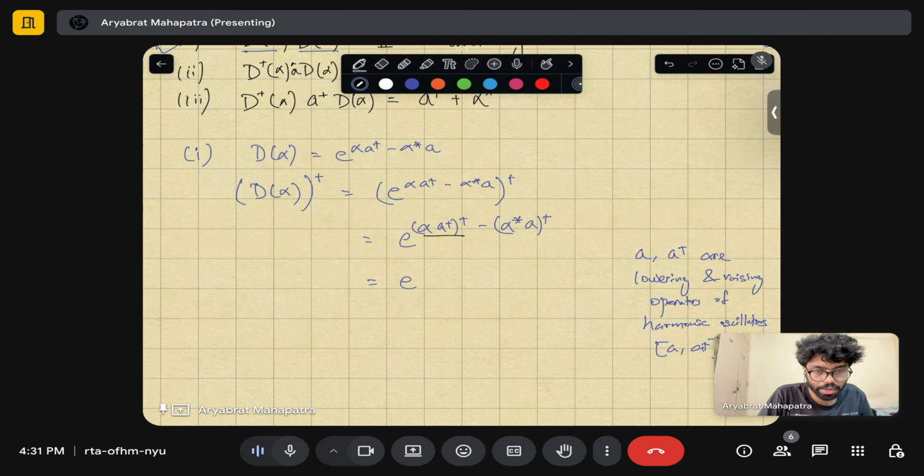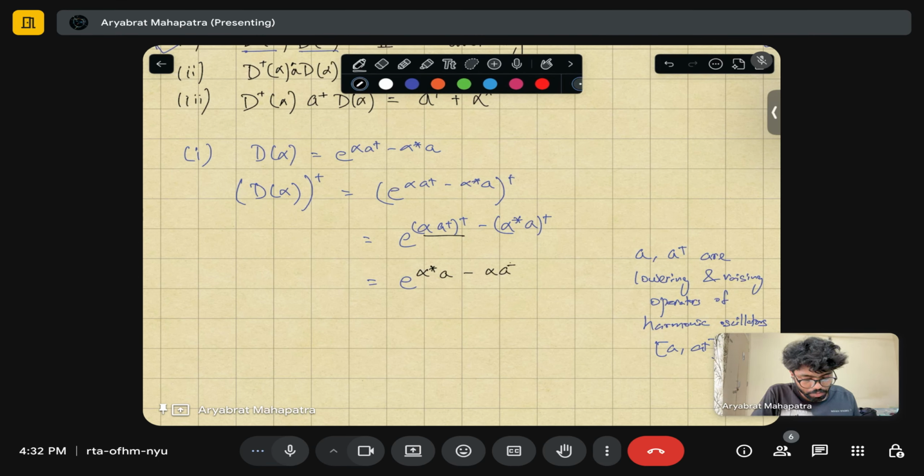So the conjugate of alpha is alpha star, and a dagger of dagger is a, so similarly you will have alpha and a dagger.